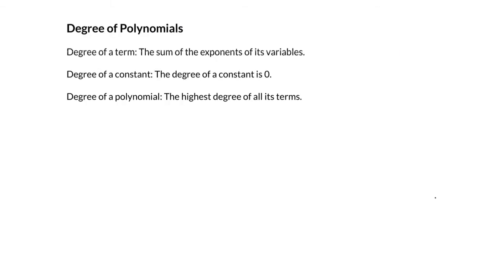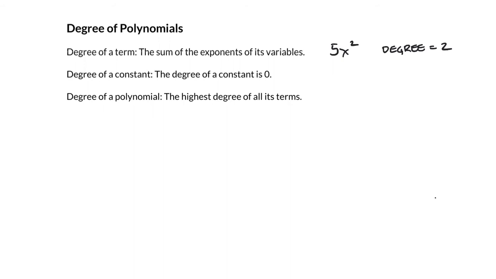So we have to talk about the degrees of polynomials. So first of all, the degree of a term, so that's the sum of the exponents of its variables. So let's do 5x squared. So the degree of this term is going to be 2, all right?